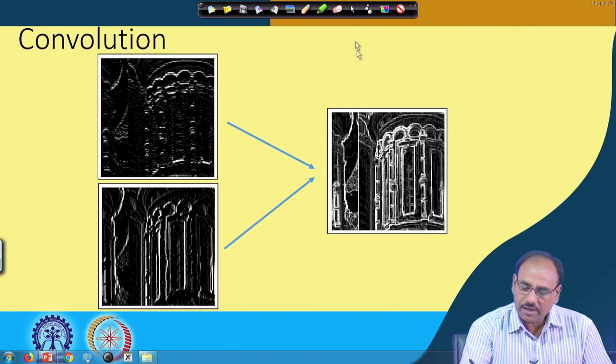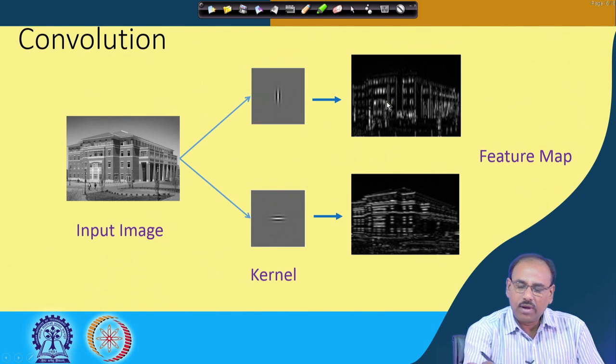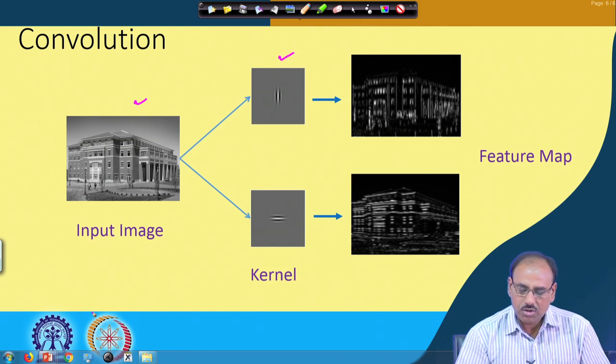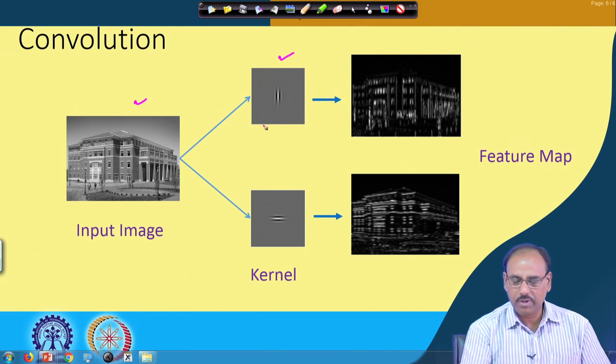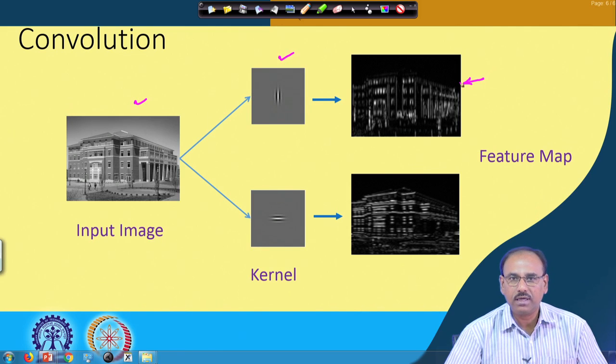Similarly, if I take another kernel as given over here, where the image on the left is your input image and this is one convolution kernel, then if you convolve your input image with this kernel, this is the convolved image that you get.